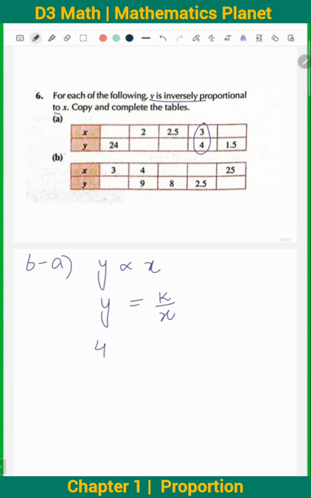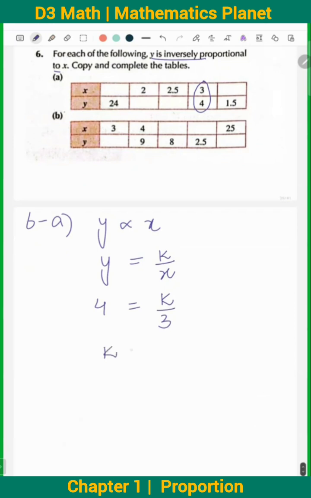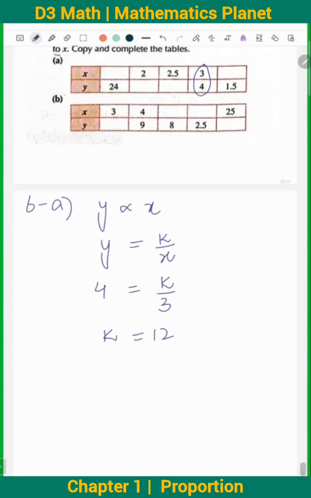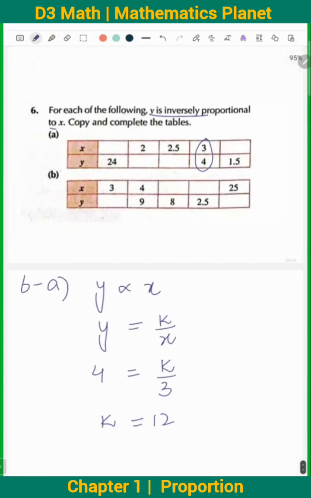Y is 4, which is equal to K by 3. So K is equal to 12. Now you can find all of the other values. I'm giving you 2 minutes. Find the values and tell me.